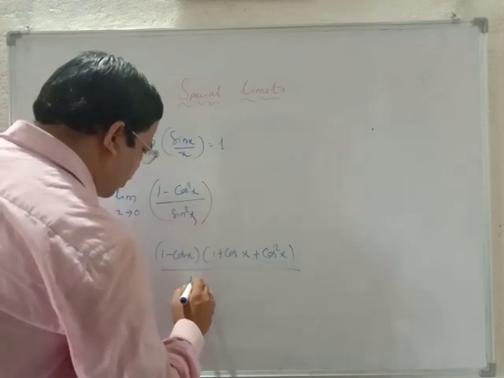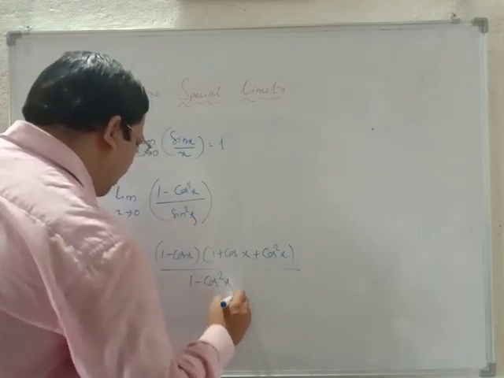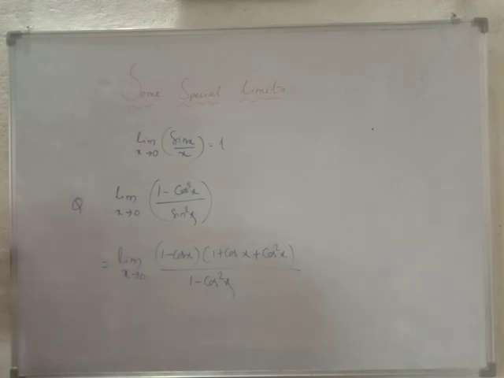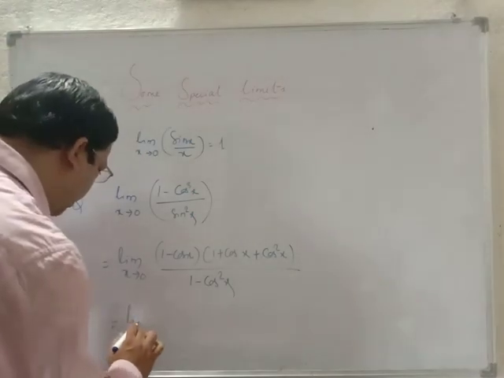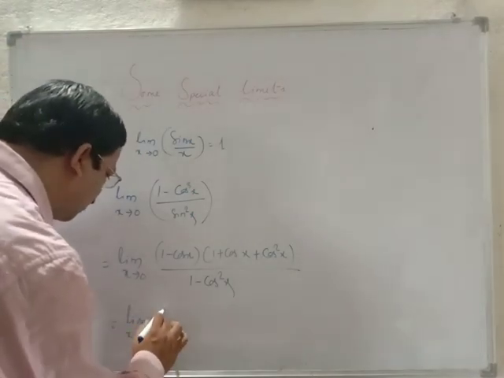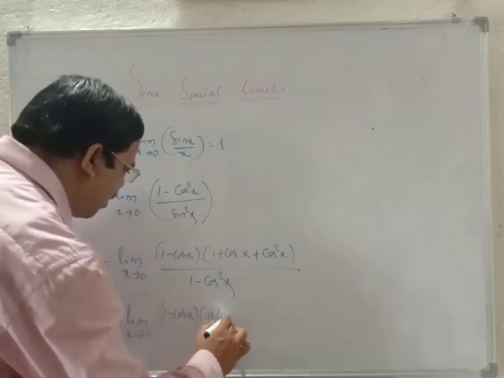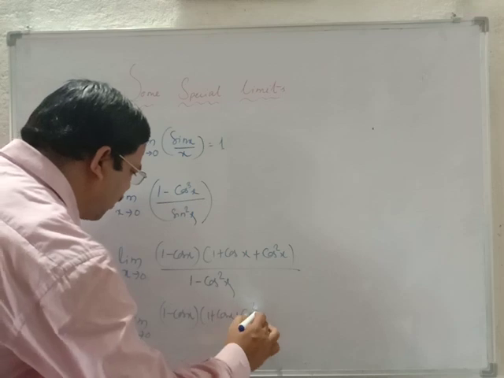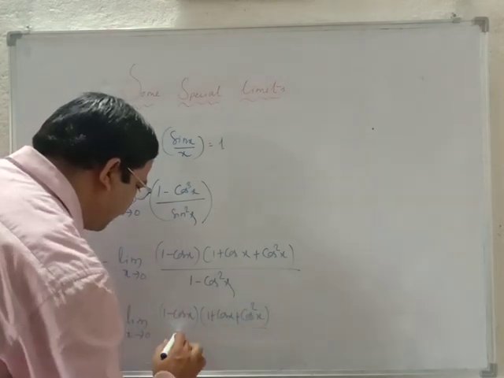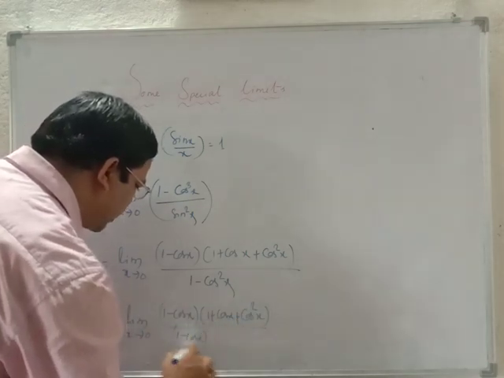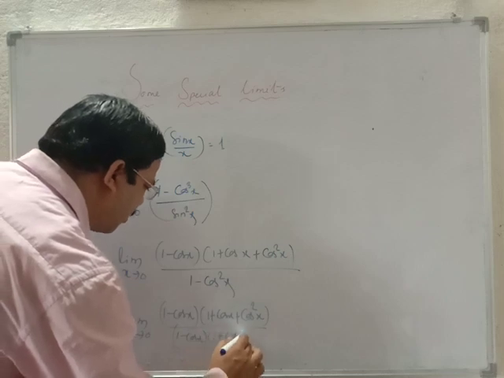This sin square x can be written as 1 minus cos square x. So this is equal to limit x tends to 0, 1 minus cos x into 1 plus cos x plus cos square x, whole by 1 minus cos x into 1 plus cos x.